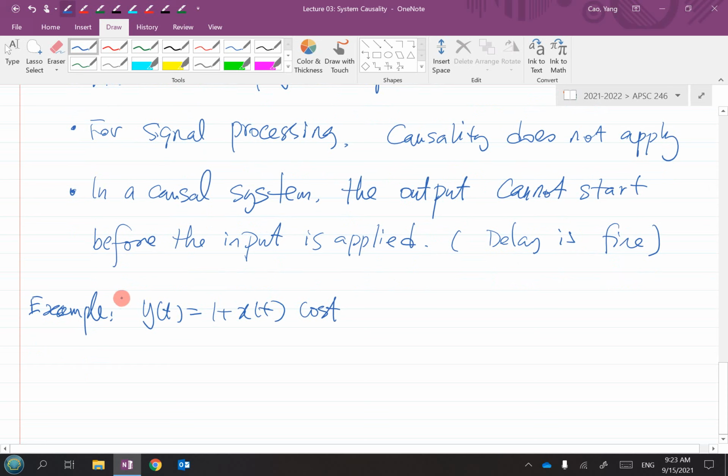So this is another example, let's call it example 3. Here's another system. Of course, when you're presented with a certain system, the first step is to be clear, or maybe the question is already telling you specifically: x of t is the input, y of t is the output.